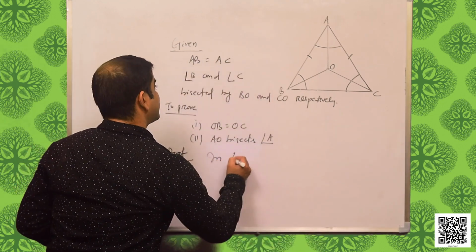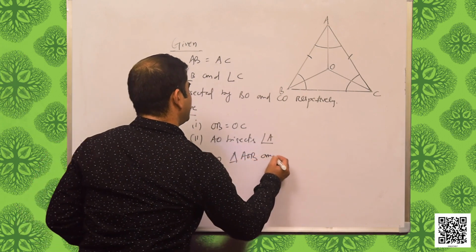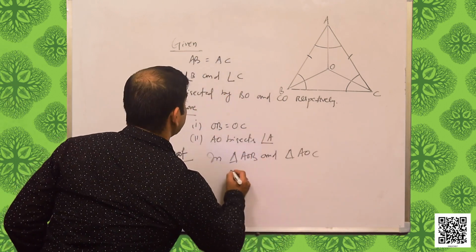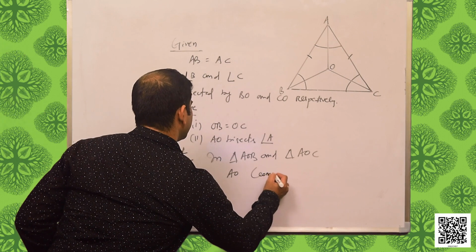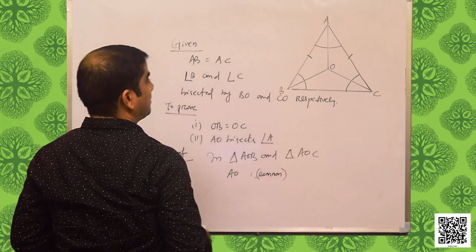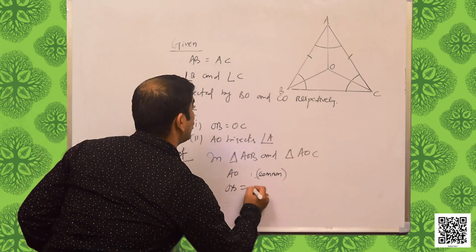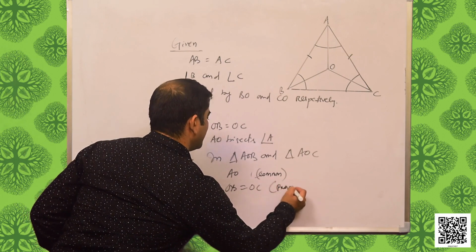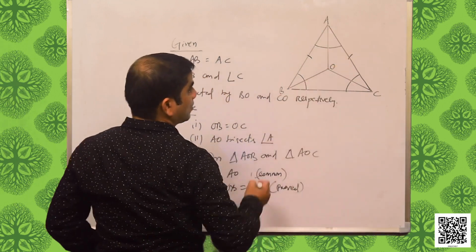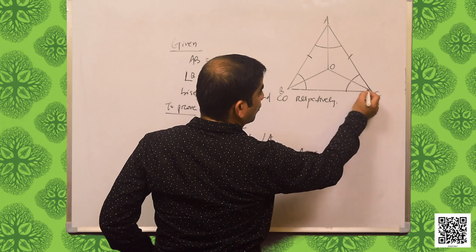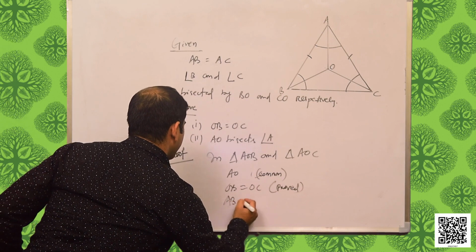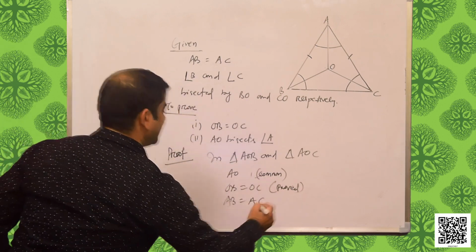So, in triangle AOB and triangle AOC, we have AO as the common side, OB is equal to OC, as just proved, and AB is equal to AC, this is given.